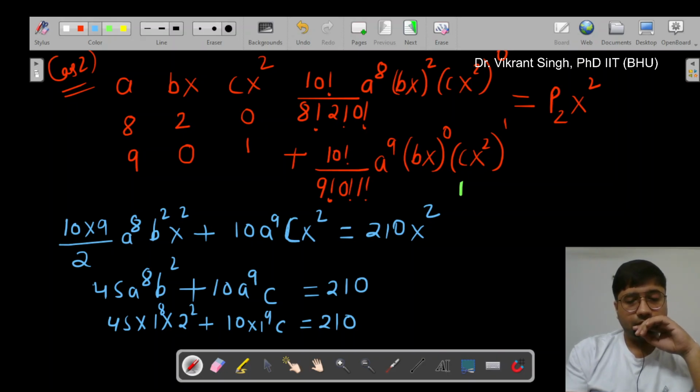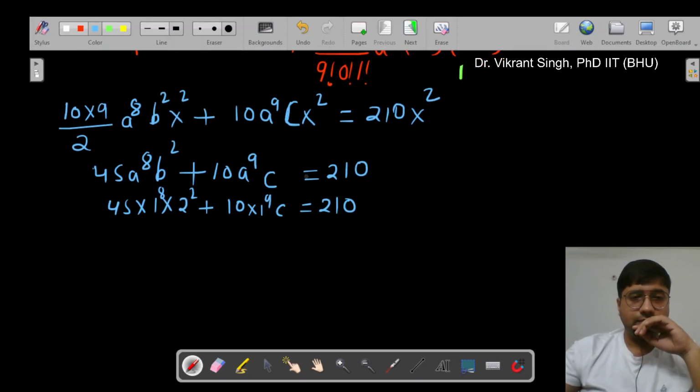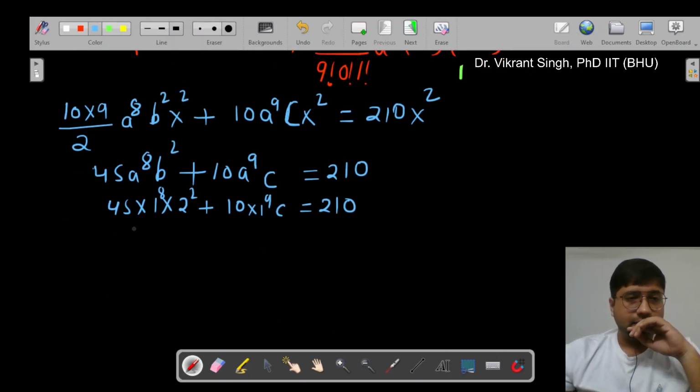Now we have to simplify this. 45 into 4, that is 180, plus 10c is equal to 210.